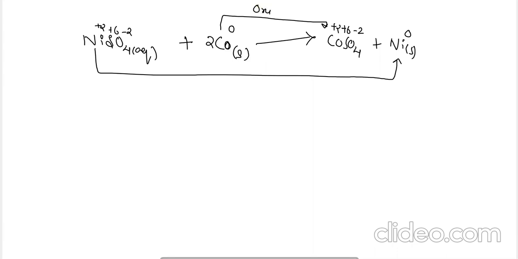So oxidation and reduction, two different things, we have observed here when cobalt metal displaces nickel metal.